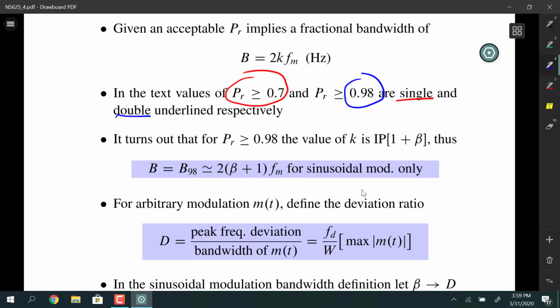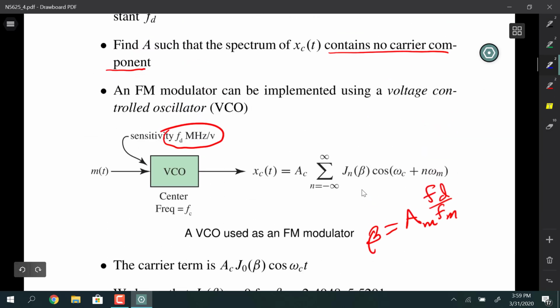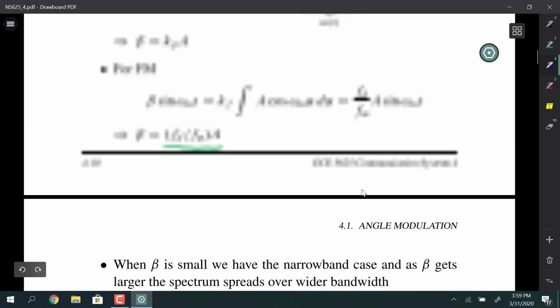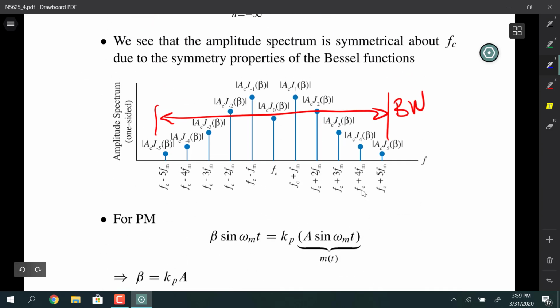How many sidebands do you have to count in order to get 98%? So that's the one we'll use most often, the 98% bandwidth of the angle modulated signal.